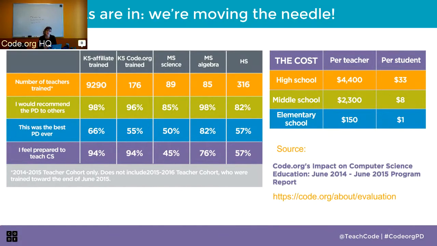Over 2014 to 2015, we reached a huge number of students and teachers, with a high degree of satisfaction and some really interesting findings around effectiveness, cost per teacher, cost per student, and scale and reach. I really encourage you, if you haven't had a chance, to go to code.org/about/evaluation and take a look at our results and then give us feedback. Where are we doing well? Where can we improve? We really value the community and we value your input.